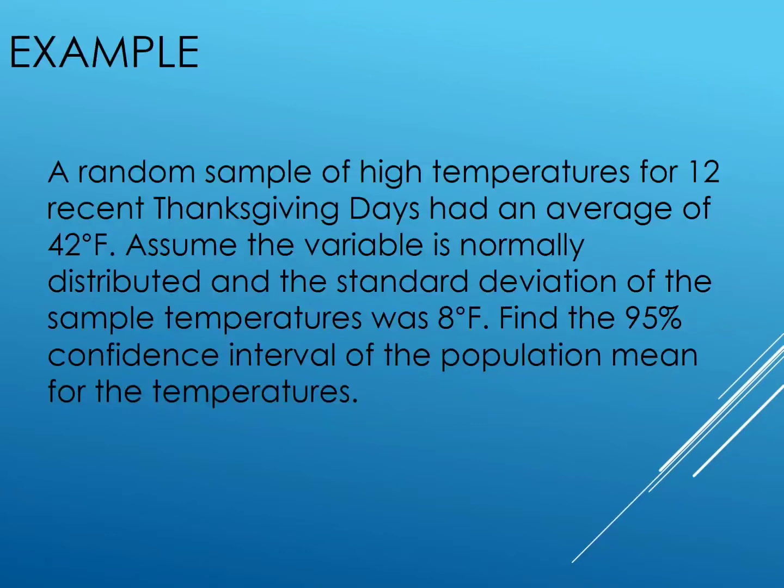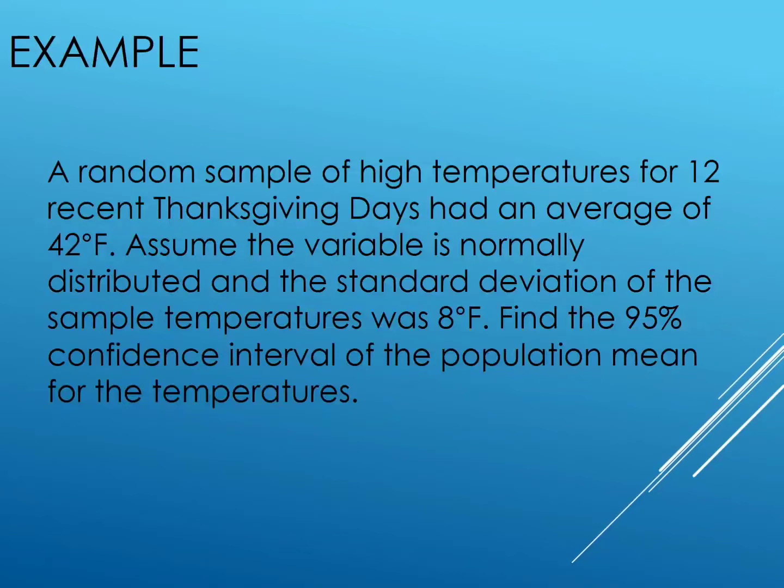So the sample size is less than 30. However, it says assume the variable is normally distributed, so the fact that the sample size is less than 30 is fine. So n is 12.